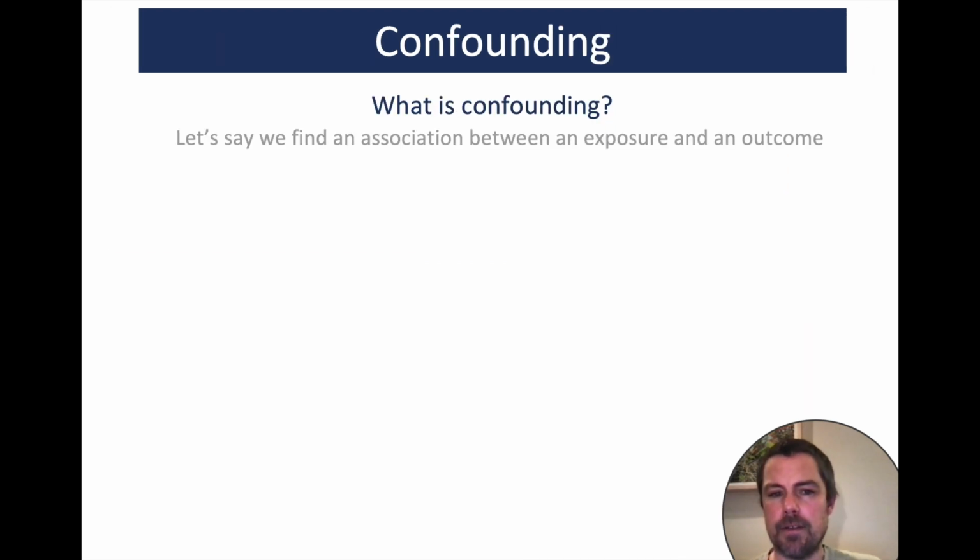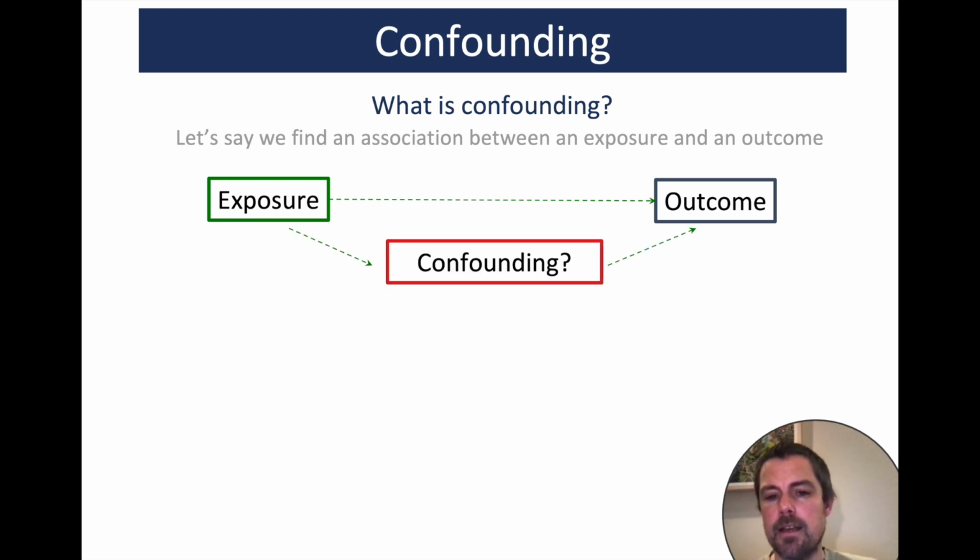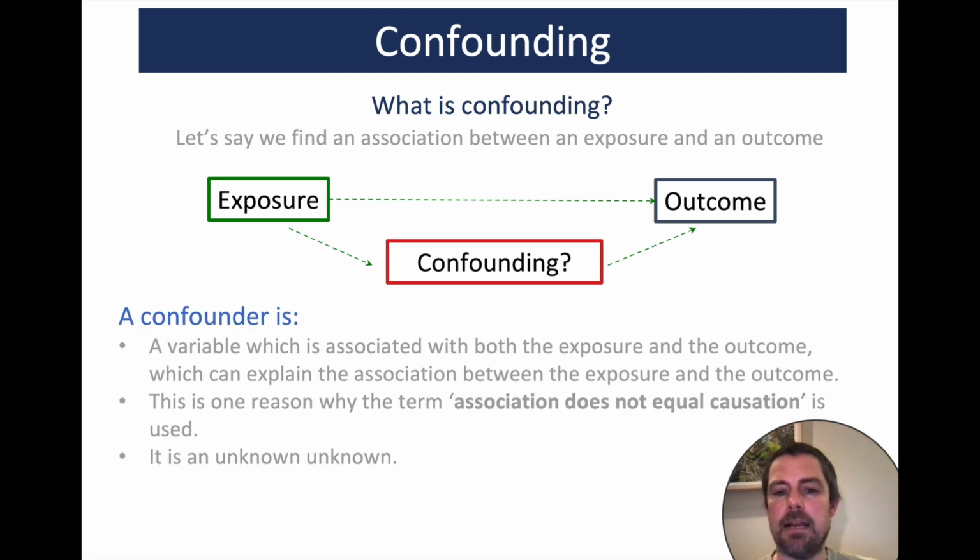So what is confounding? Let's say we find an association between an exposure and an outcome. Great, that must be the causal pathway. Well, not necessarily so. Confounding might be at play, and a confounder is a variable that is independently associated with the exposure and also the outcome, and it could explain the association between the exposure and the outcome. It's one reason why the term association does not equal causation is used.